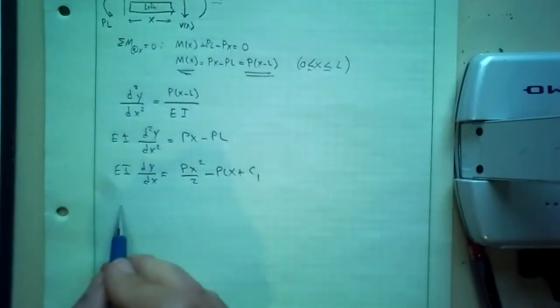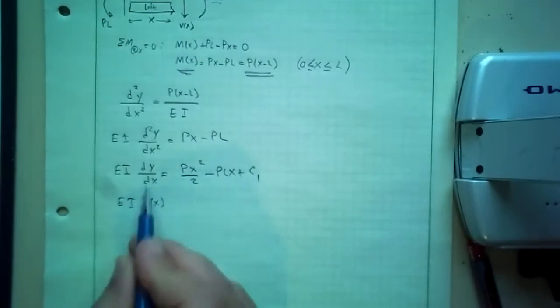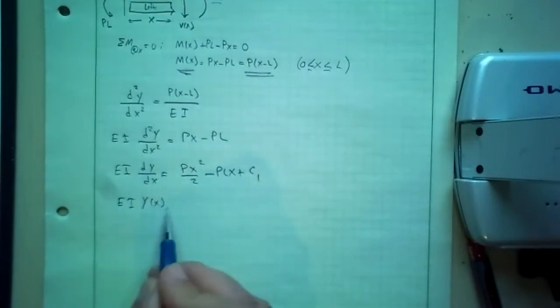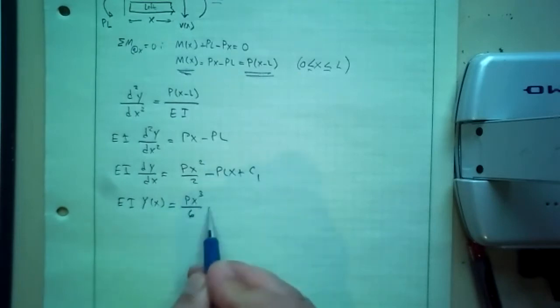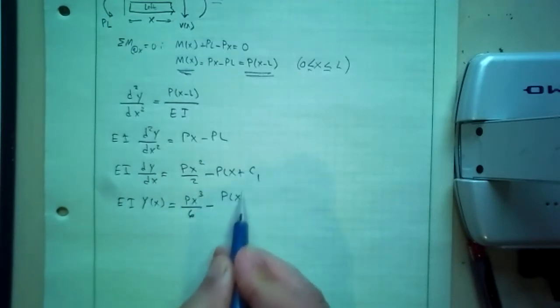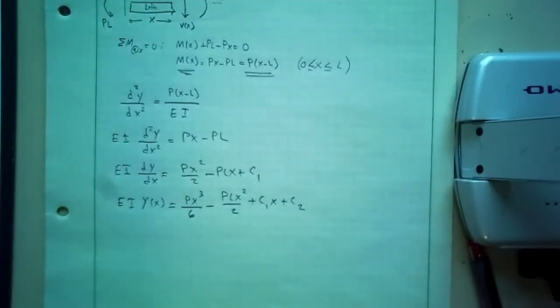Integrate again. EI y of x is equal to Px cubed over 6 minus PLx squared over 2 plus c1x plus c2. Got two integration constants. Let's look at boundary conditions.